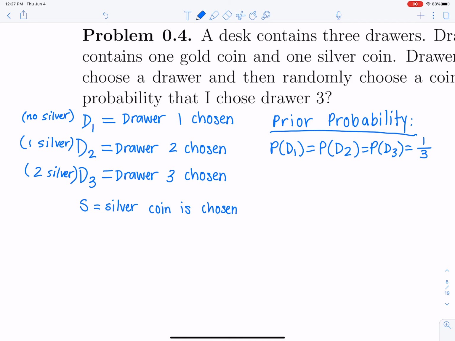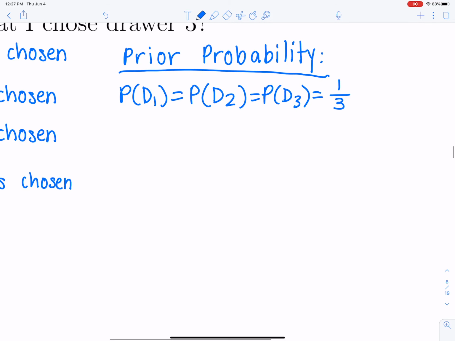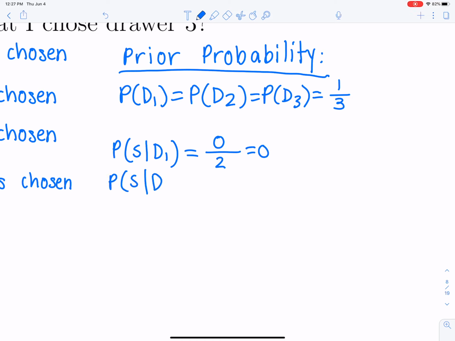So let's go over the likelihoods, which are those joint probabilities. First off, we have to do it for every single one. If I chose a silver coin, given that I chose drawer 1, what's the probability of that happening? Well, drawer 1 doesn't have any silver coins, so there is a 0% chance. For D2, there is 1 silver coin in there out of 2, so the likelihood of it happening is 1/2.